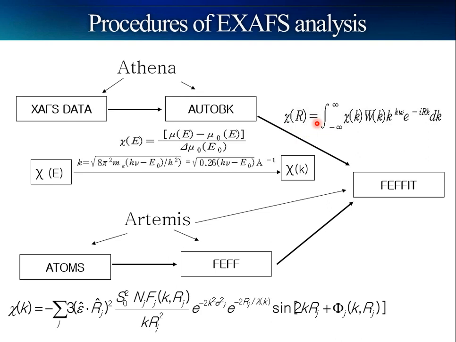Meanwhile, Artemis contains three programs: Atoms, FEFF, and IFEFFIT. Atoms is the program to generate FEFF input from the crystallography information, and FEFF calculates the contribution of the atomic pairs around a probed atom. And then IFEFFIT makes a fit between the data and the theory, which is calculated by FEFF.